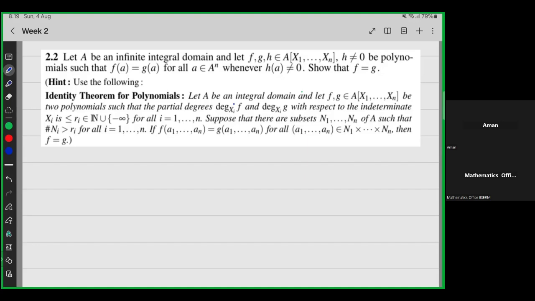Okay, that is all we have to take care of, because A is an integral domain. Let me start with this. Since A is an integral domain, A[X] is an integral domain, right?